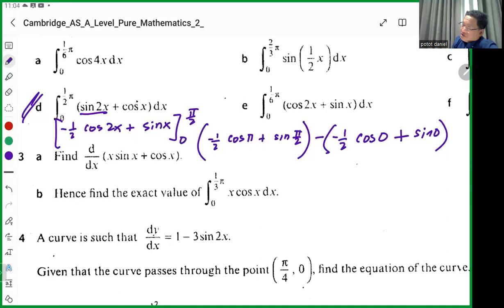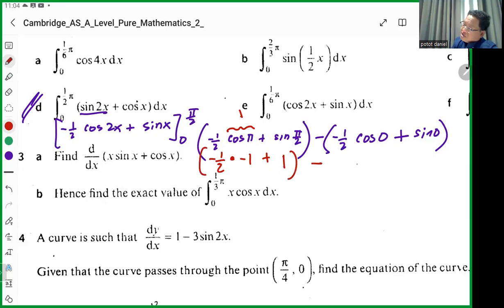What is the cosine of pi? Cosine 180 degrees is negative 1. So now there's negative 1/2 times negative 1, plus sine pi over 2, 90 degrees, so sine pi over 2 is 1.